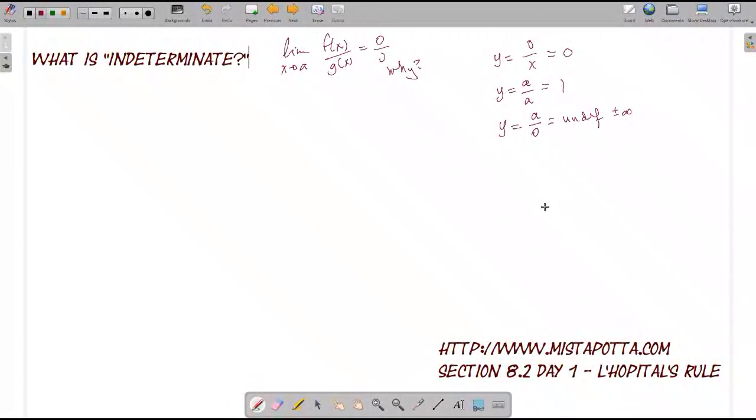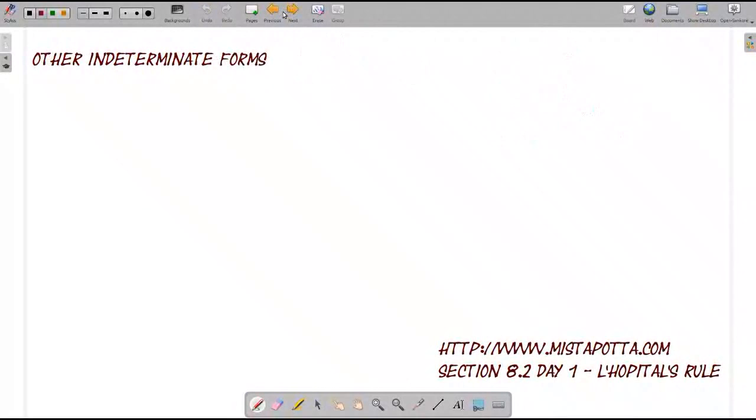And this kind of begs the question, what are some other indeterminate forms? Because 0 over 0 is not the only indeterminate form, and it turns out that 0 over 0 is not the only situation where L'Hopital's rule is a helpful tool.